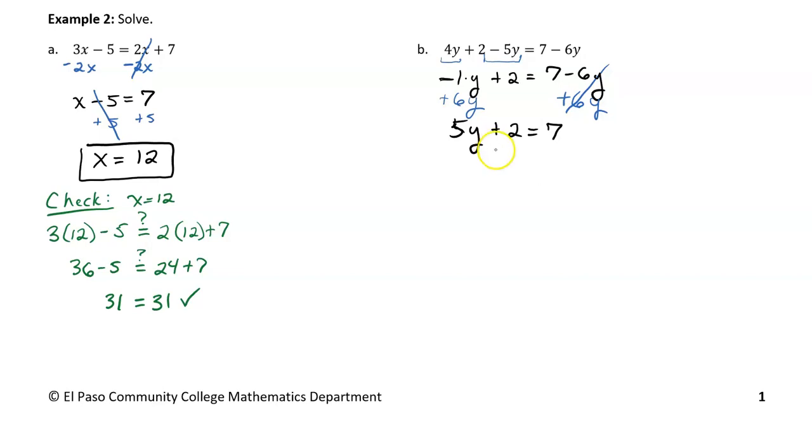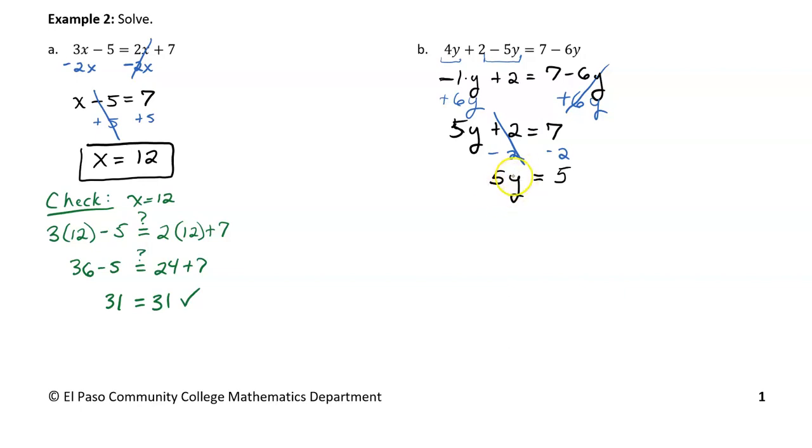And then let's subtract 2 from both sides to get that number part combined. Okay, on the left, I still have the 5y. 7 minus the 2 gives me 5. We're almost there. A little more work than the last one, but that's good.